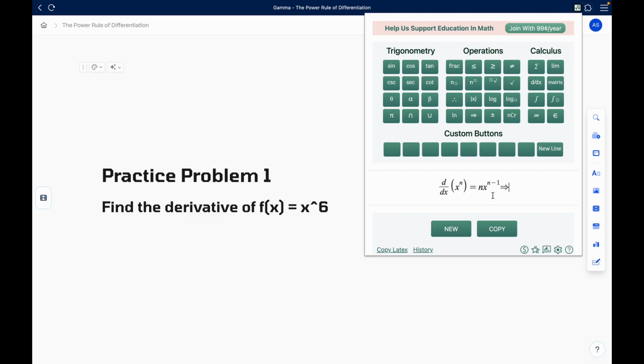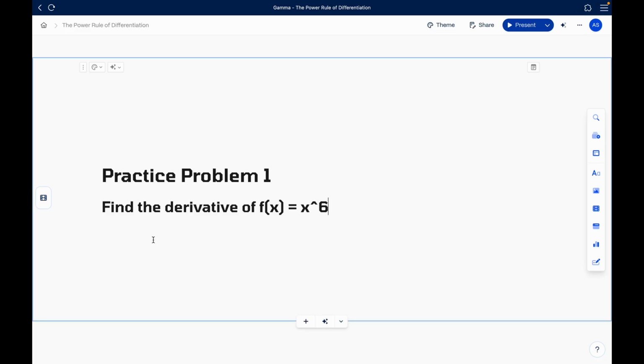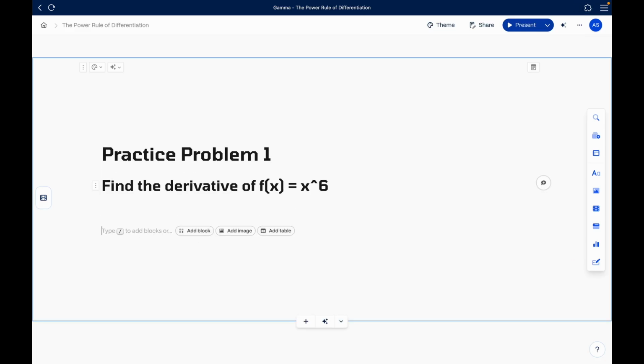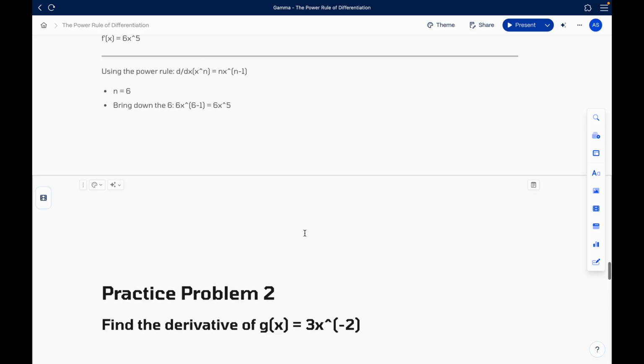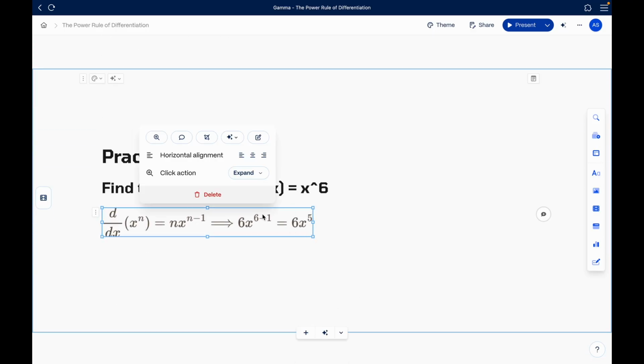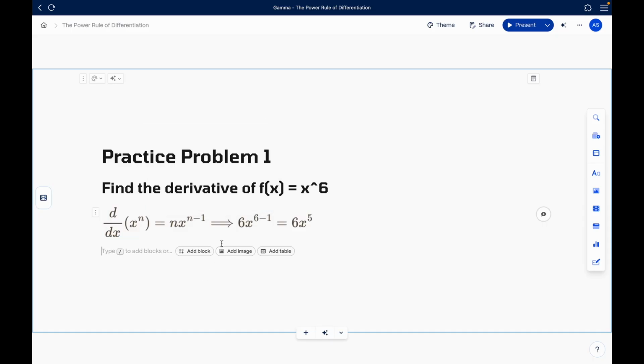So this becomes, because we have to plug it in, n, which over here is 6, then x to the power of 6 minus 1. Now, if you simplify this, this becomes 6x to the power of 5. And that's about all there really is for this example. It's very simple. Here are all the steps explained right over here conveniently. So all we did is we did the formula and we plug and chug.